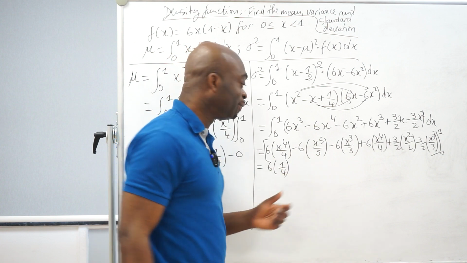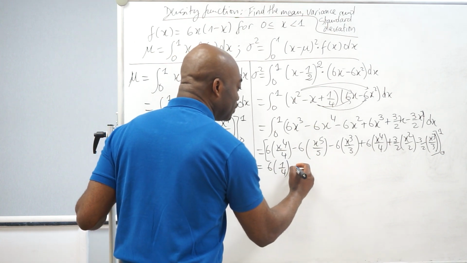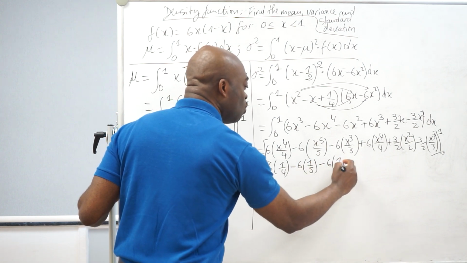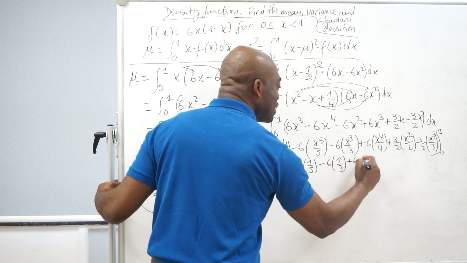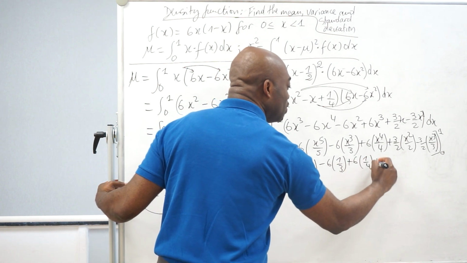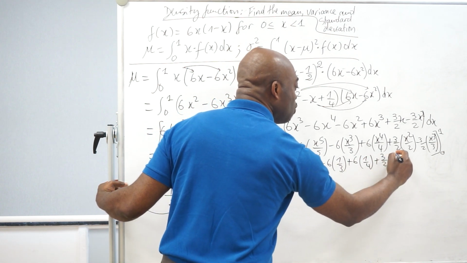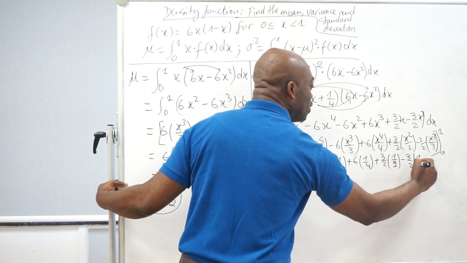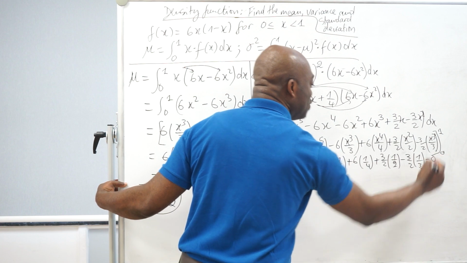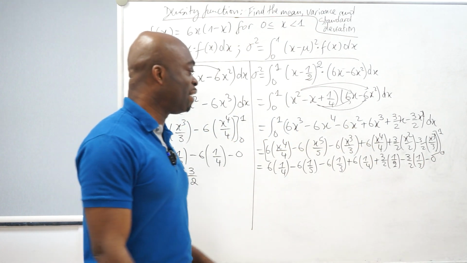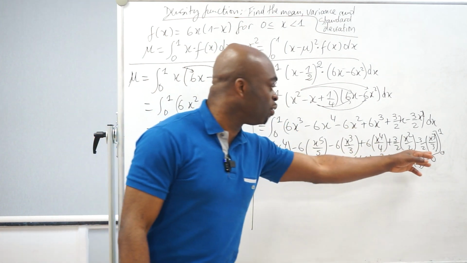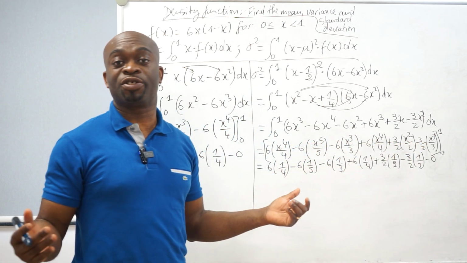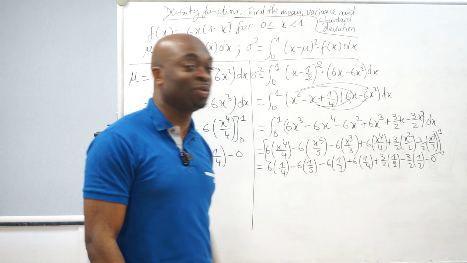And then minus 6 times 1 over 5, minus 6 times 1 over 3, plus 6 times 1 over 4, plus 3 over 2 times 1 over 2, and then minus 3 over 2 times 1 over 3. Then minus 0 because of the 0 that we still have over there. Because of 0, we also go into each of these, and that will give us just 0. So we don't need to do anything about it, just put the 0 there.